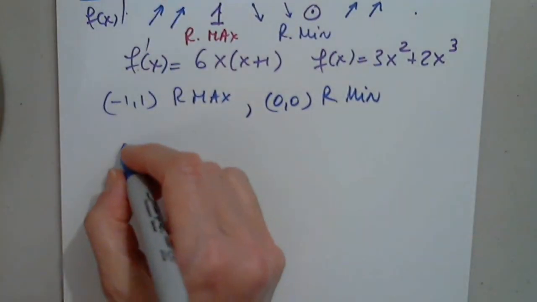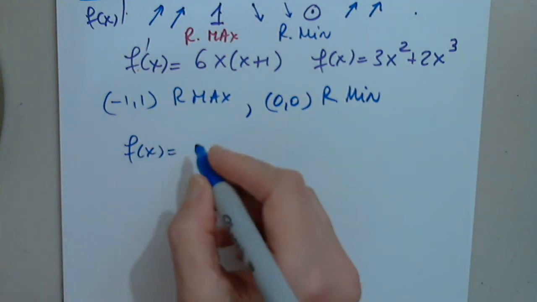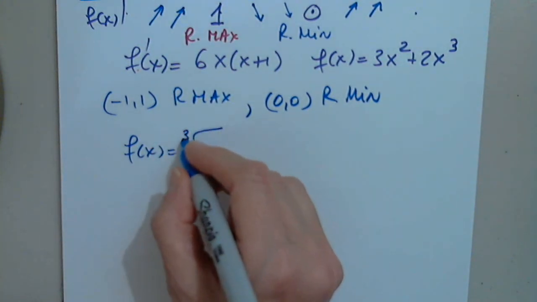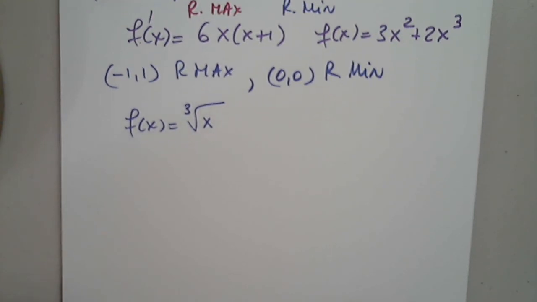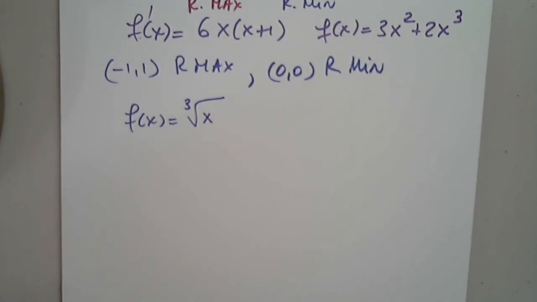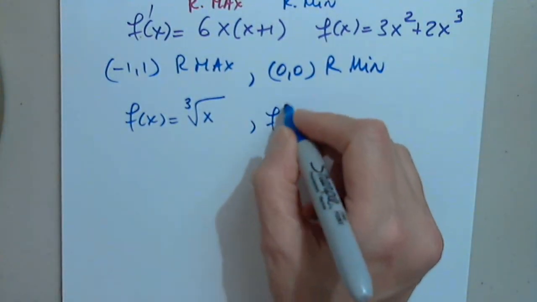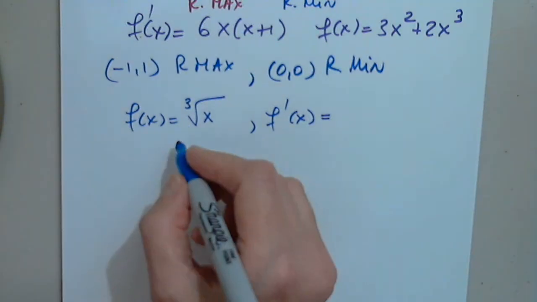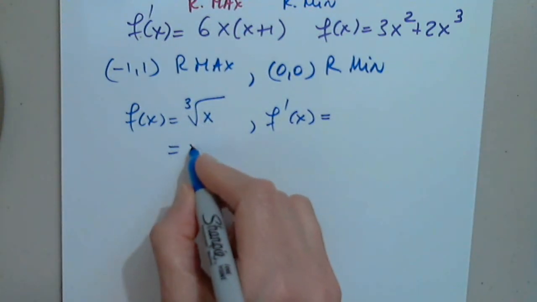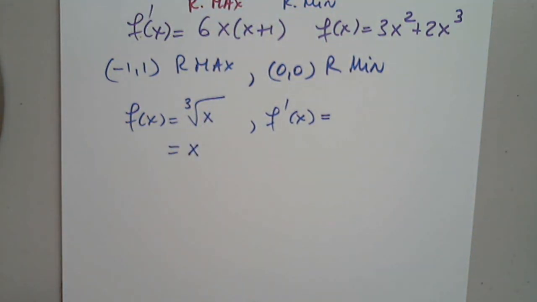So we have f of x equals the cube root of x. Okay. So let's determine f prime of x. In order to determine f prime of x, it is wise to change this function into x to which power? Anyone? 1/3.